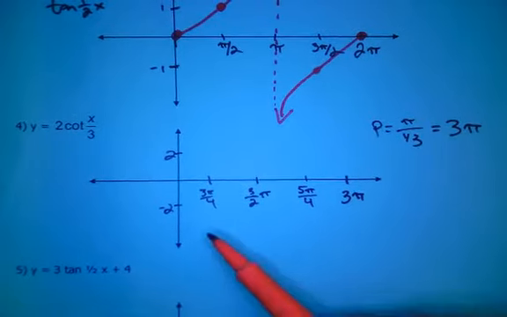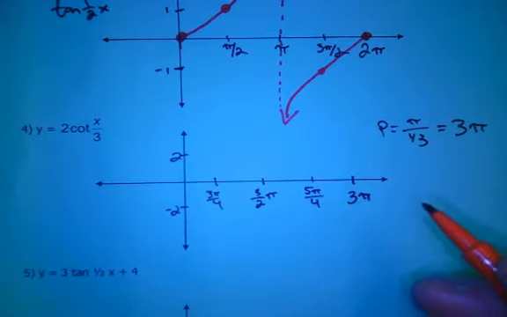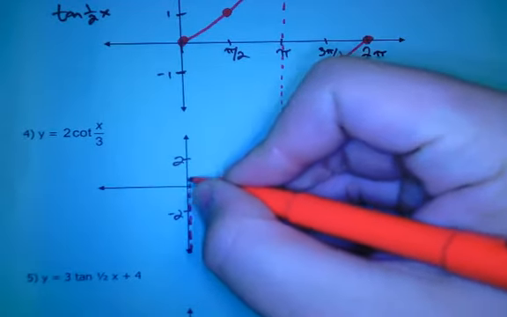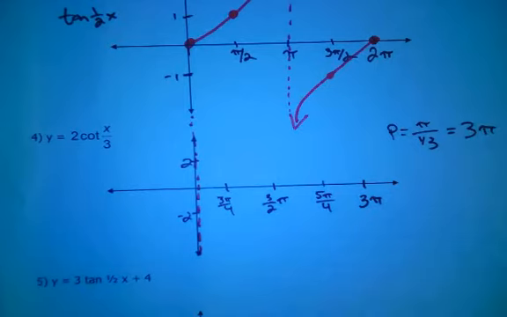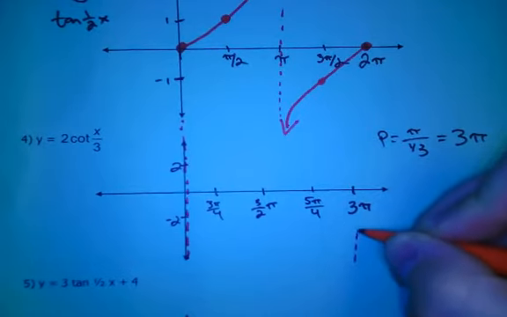Okay, so for cotangent, at 0, what happens? You can look at your other little sheet if you want to. It's what? Asymptote. Right, at 0 you get an asymptote. And our other endpoint is also an asymptote.